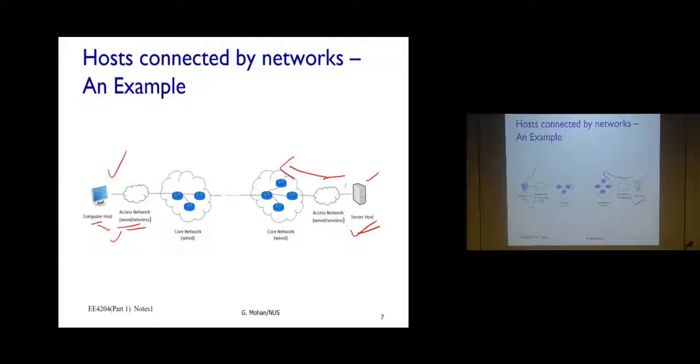Then outside the campus, the service provider has its own network, that we can call the core network. It's a service provider network. There are many such core networks through which data flows, maybe in the same country or different countries, different continents, until it reaches the end access network. There's an access network at the other side, to which the host is connected.